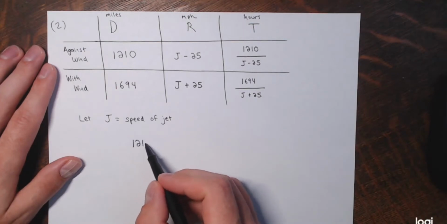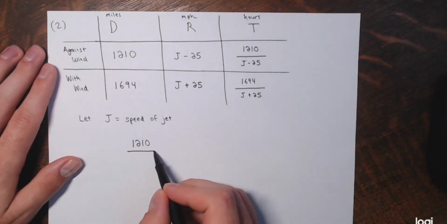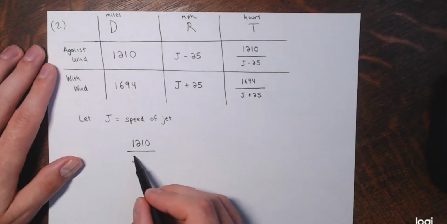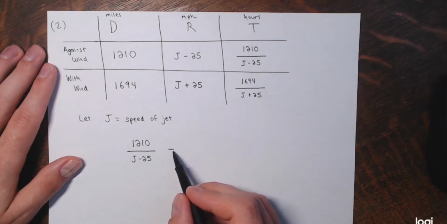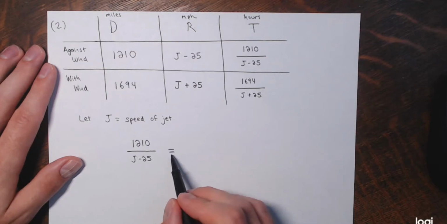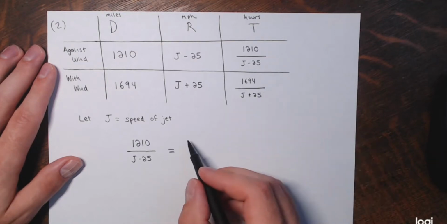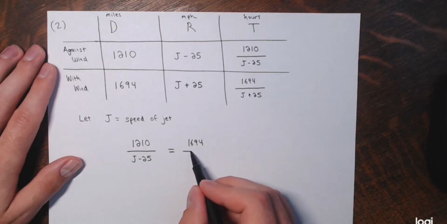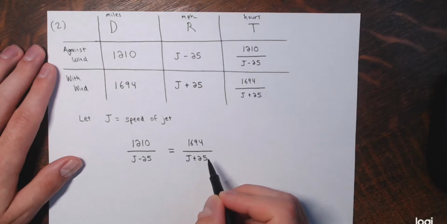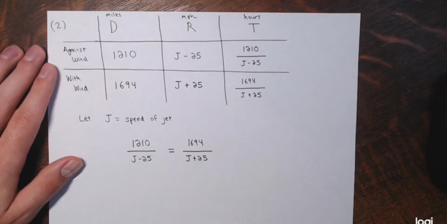The time against the wind, 1,210 divided by J minus 25, should be equal to the time with the wind, 1,694 divided by J plus 25. And I'm solving this for J and then answering their question.